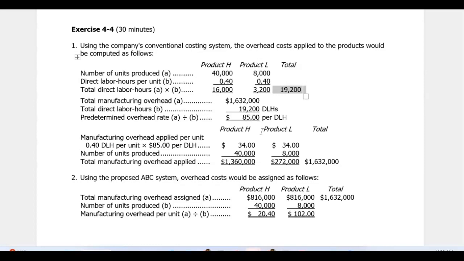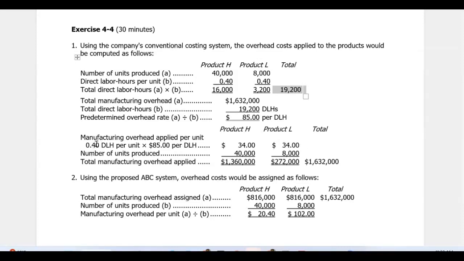Now, manufacturing overhead applied per unit would be based on direct labor hours, so that is 0.4 times 85, which is $34, and 0.4 again times 85, another $34.